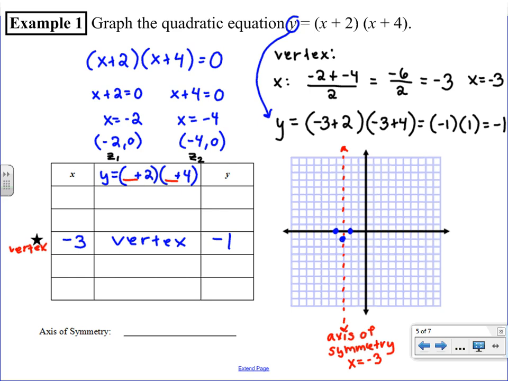And then we just want to go kind of up and down. You can go up by 1s, you can go up by 2s. I guess I would suggest 1s. So negative 4, negative 5, negative 2, negative 1. And so if I take these values and I start replacing them, I would have y equals negative 5 plus 2 and negative 5 plus 4.